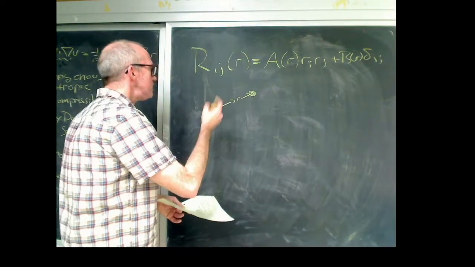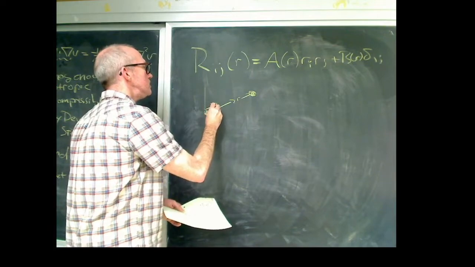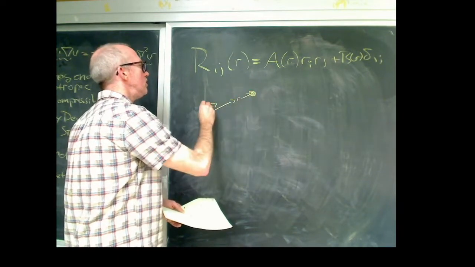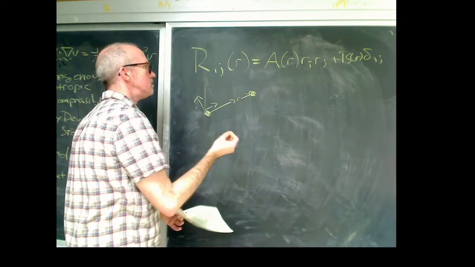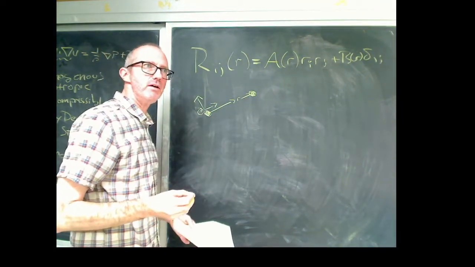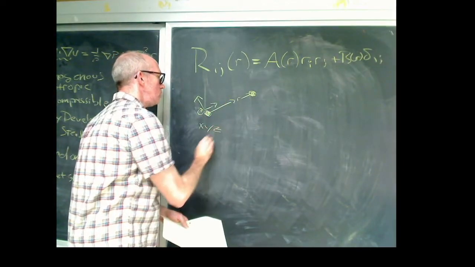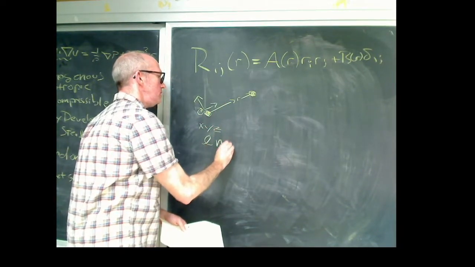I can think about this in a coordinate system where one axis is along r, one axis is perpendicular to r, and the third axis is also perpendicular to r. So instead of x, y, z, we'll call this L, N1, N2.